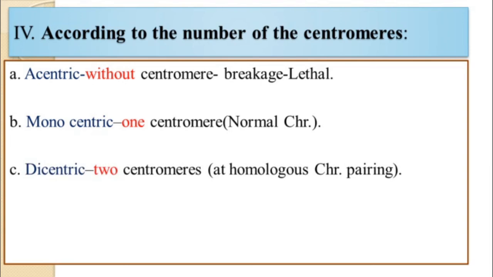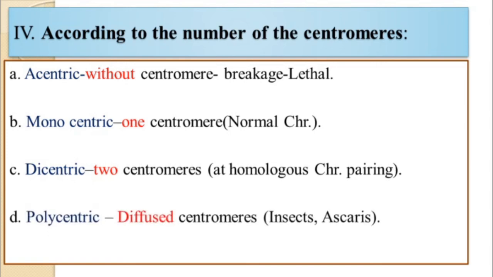But if a chromosome has two centromeres, it is called dicentric. You can observe a dicentric chromosome during homologous chromosomal pairing. And the next type is polycentric, where the centromere is diffused and looks like many centromeres. You can observe this type of polycentric chromosomes in insects and Ascaris.